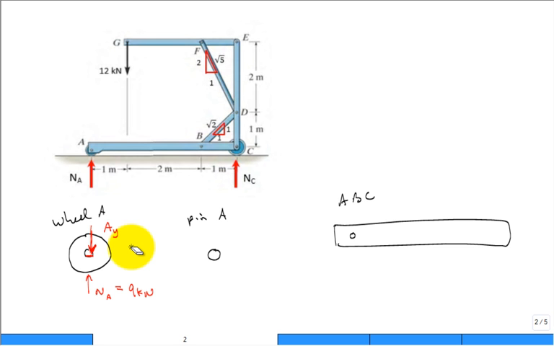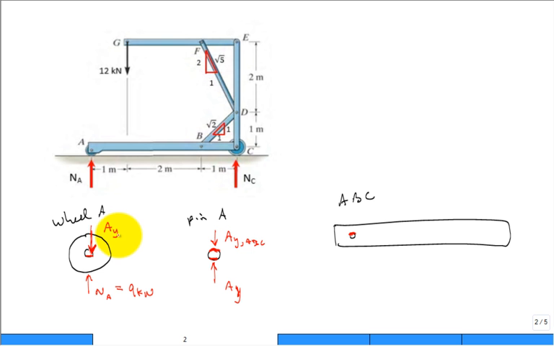So then if we focus on the free body diagram of the pin, guess what? We're going to have something acting on the bottom of the pin, because the bottom of the pin is resting in the bottom of the hole in the wheel. And that's going to be my AY upward. Well, but I also have the top of the member ABC pushing down on the top of the pin. So I have another equal and opposite AY due to the member ABC.